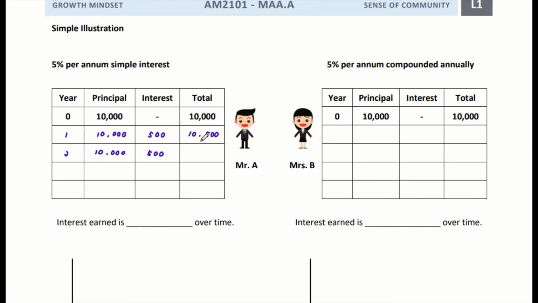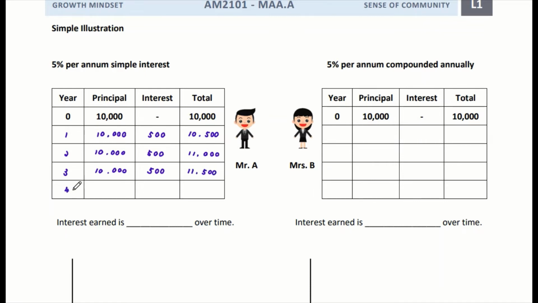Now in his account, he has a total of 11,000, so plus another 500. Then moving onwards, you can foresee the third year, the same thing. The principal is still 10,000, the interest generated is still 500, and the total here will become 11,500.